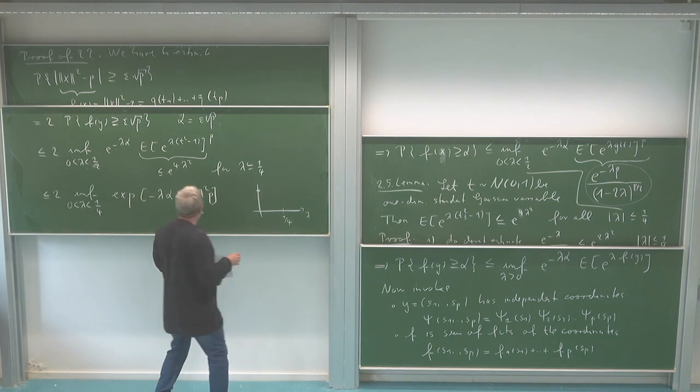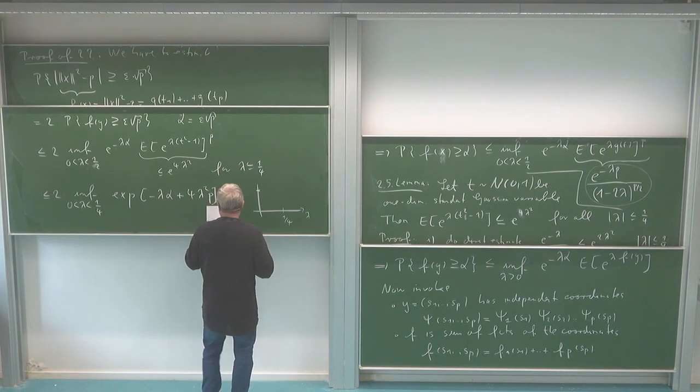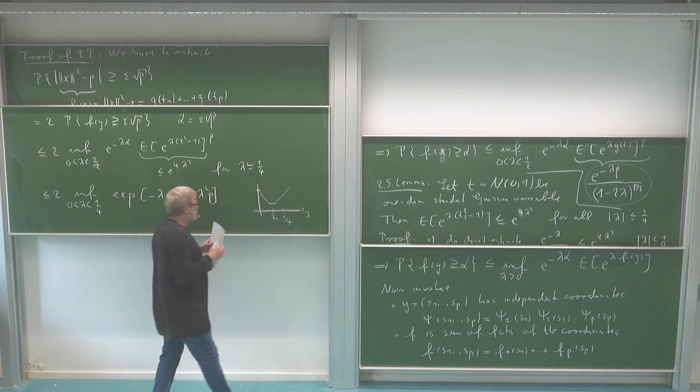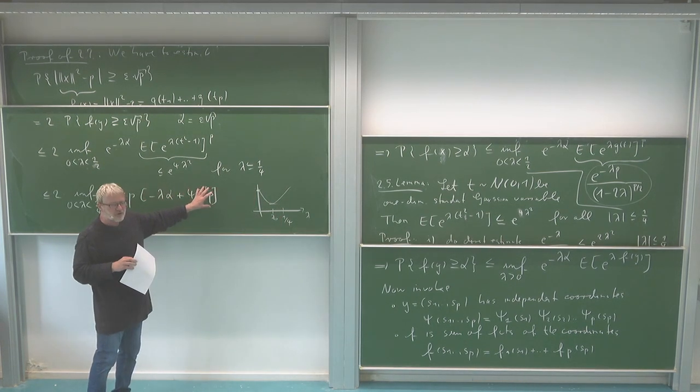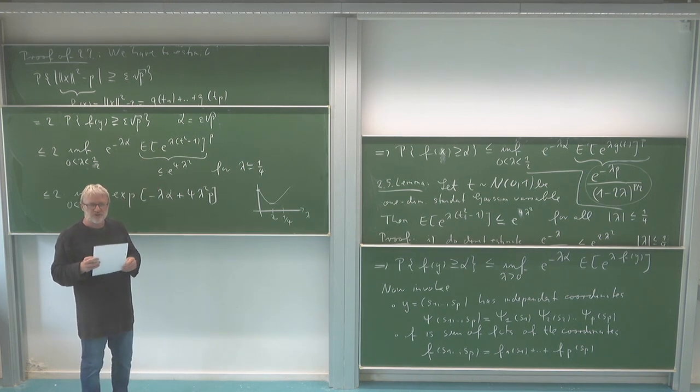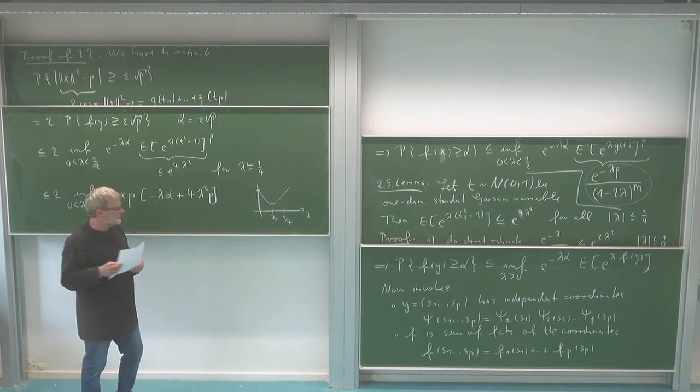So the idea is that this here goes down. This exponential thing goes down somehow and then maybe grows again, and I want to find the value lambda 0 where this gives me the smallest value. For this I take the derivative and see whether the derivative is equal to 0.